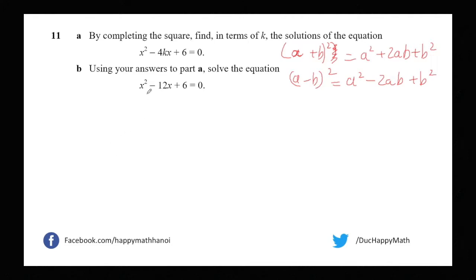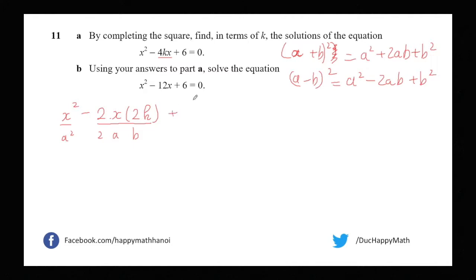So with this one, I will recognize that the middle term is minus 2ab. So b has to be 2k to get the same result as 4kx. This is 4kx, that this is the 2ab, and this is a squared.